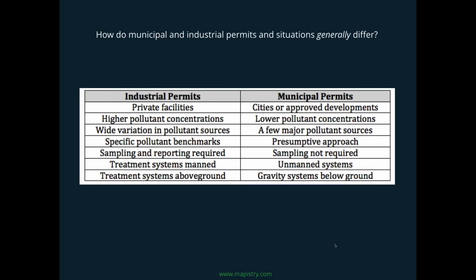Whereas the typical devices or approaches used for municipal permits, it's a pond in the back of the property surrounded by a fence, or it's an underground proprietary device. It's great, we can put them underground, we can save space, have more parking, but they're underground, they're gravity driven. Sometimes they're just put in there and forgotten.